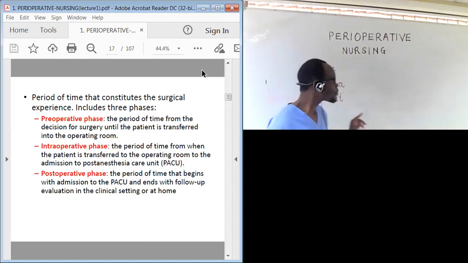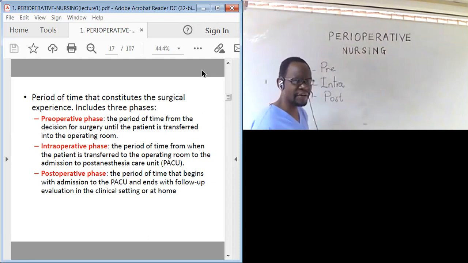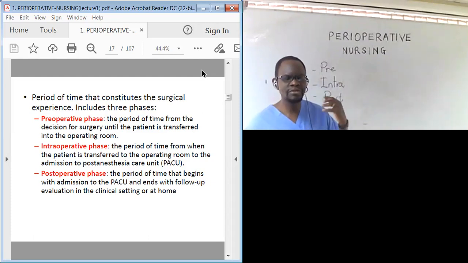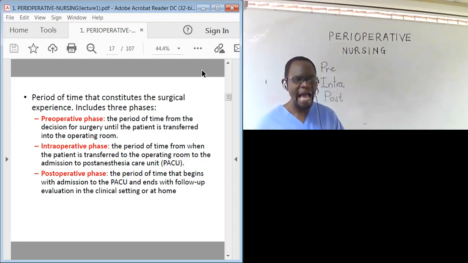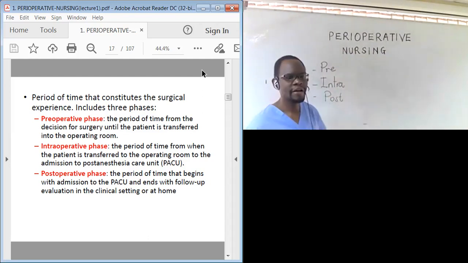Now, having known these phases, it is very important for us to know exactly what happens in each phase, and who are the stakeholders, and who are the players in these different phases.